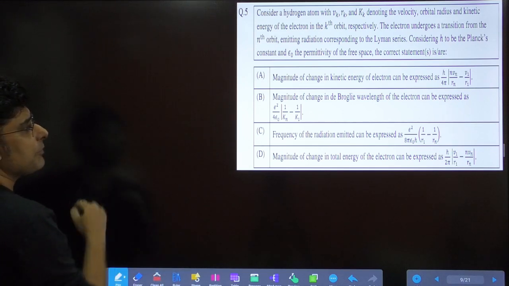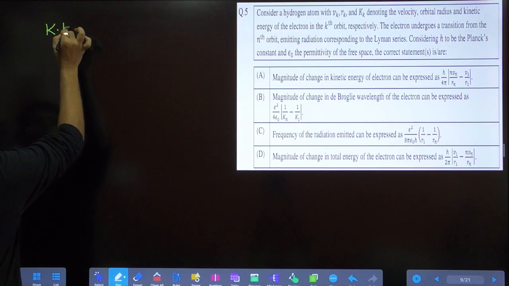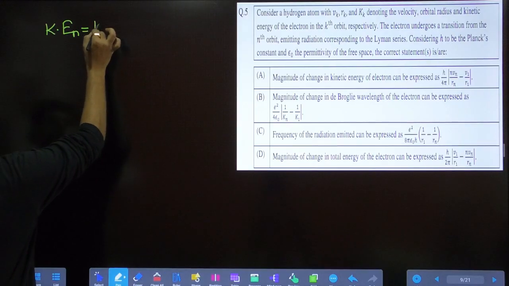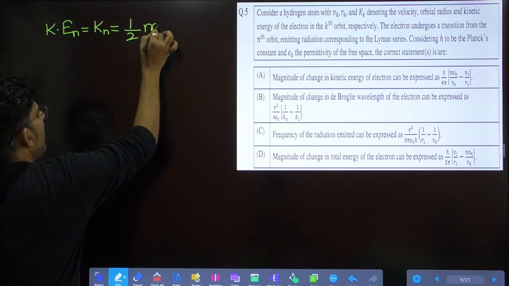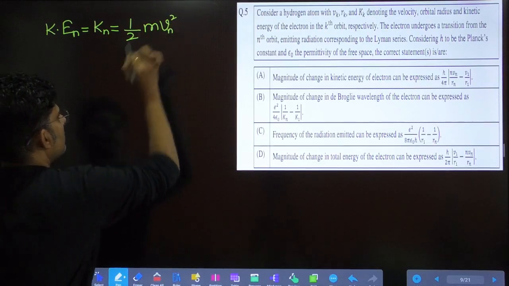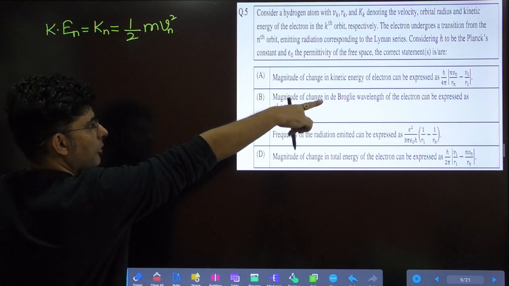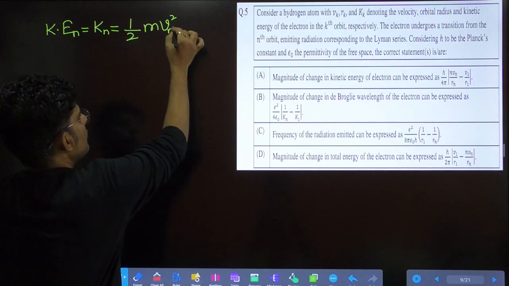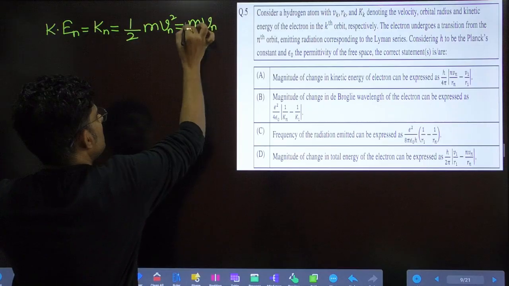First of all, talking about the change in kinetic energy. Now we know kinetic energy in the nth orbit, if I write as Kn, this is half m Vn square. But they have not mentioned the mass in option A. That means we have to remove mass. So what we can do, we can make a change.